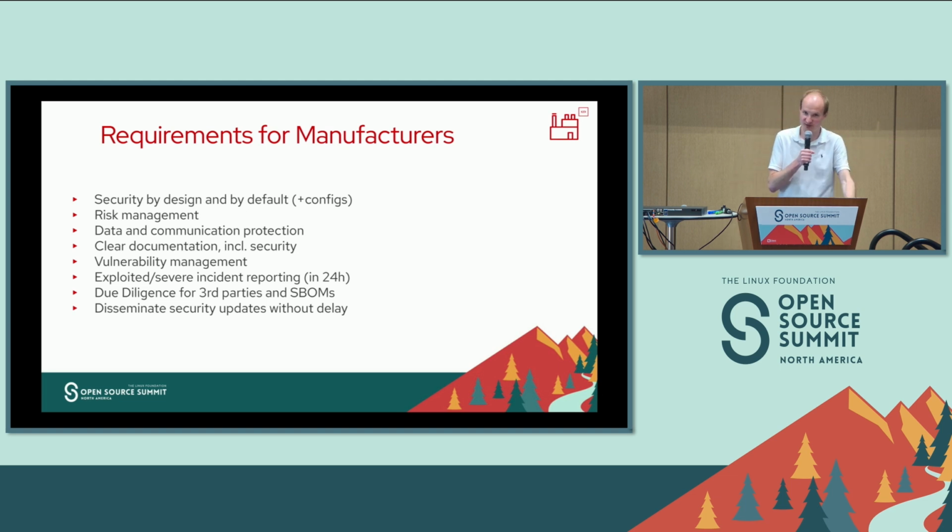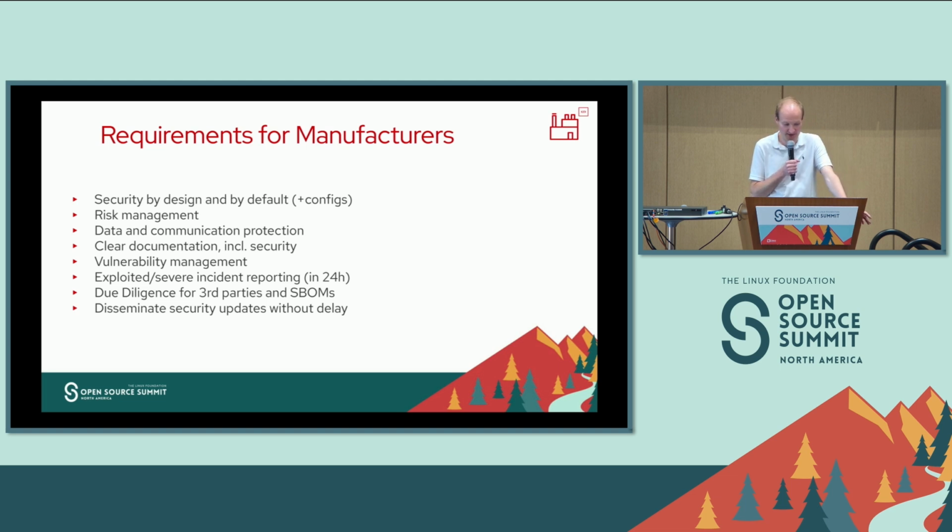That should not be the case anyway, but it still is. Requirements around risk management, like general risk management for organizations, data and communication protection, which again kind of makes sense, and I hope most responsible manufacturers do these things, but apparently not everybody. Clear documentation, including security documentation.